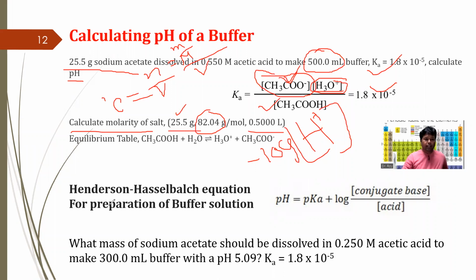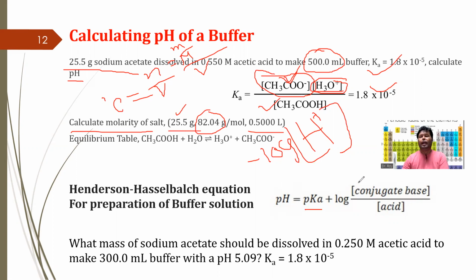Another thing, the Henderson-Hasselbalch equation for preparation of a buffer solution. If you want to prepare a buffer solution of your intended pH, what is the value of pH you want to prepare? If you want to prepare a buffer solution of pH 4, then the pH should be 4, and we have to use the pKa plus log of conjugate base over conjugate acid.